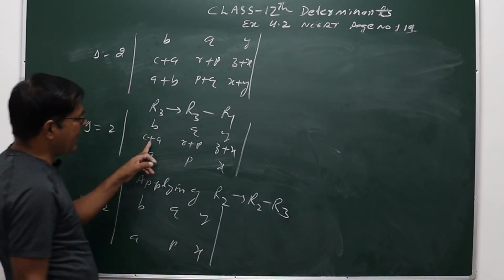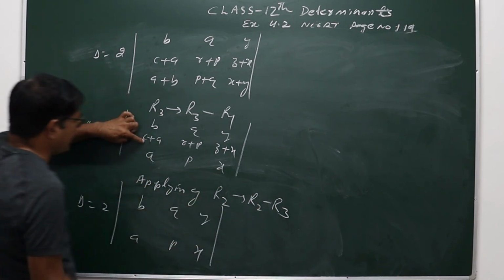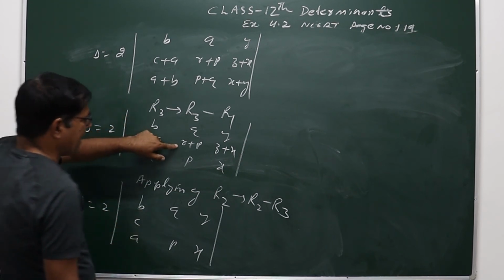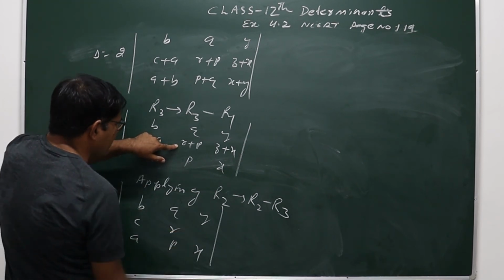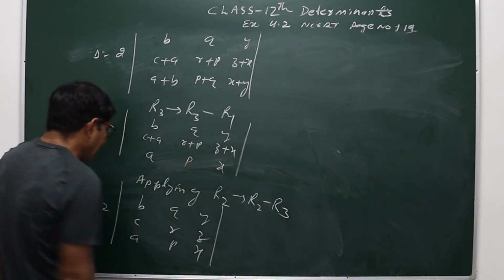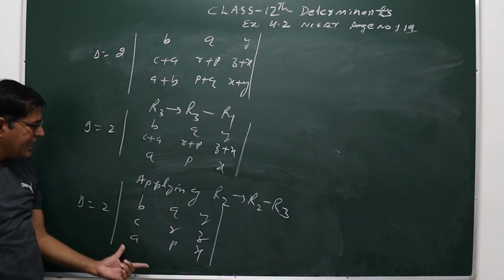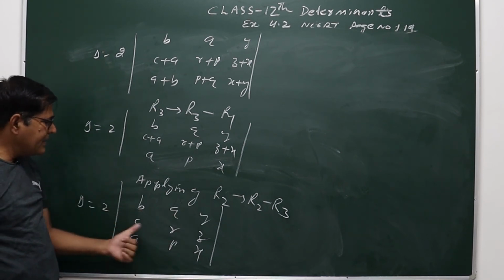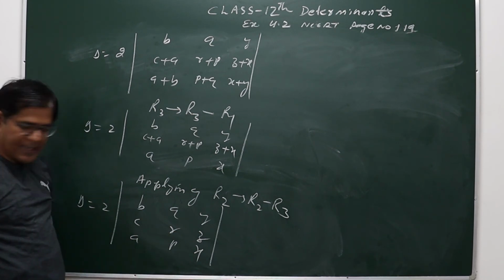What are we doing? We subtract R3 from R2, so C plus A minus A will be equal to C, R plus P minus P will be equal to R, Z plus X minus X will be Z. So this is the result which we have to prove: twice of BQY, CRZ, APX.